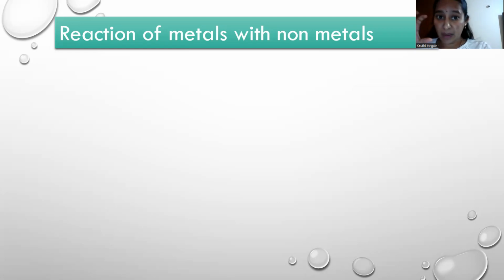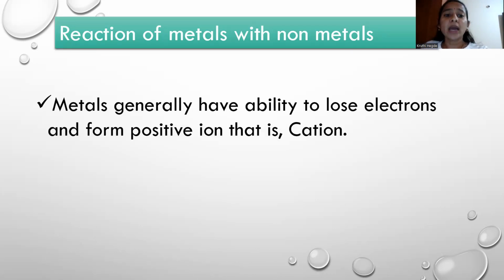When any element has less than 4 electrons in the outermost shell, it has a tendency to lose electrons. Hence, it forms a cation. This we have studied in your ninth standard, right? So metals generally have the ability to lose electrons and form positive ions, that is cations.